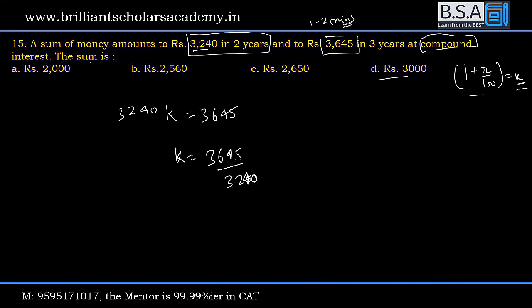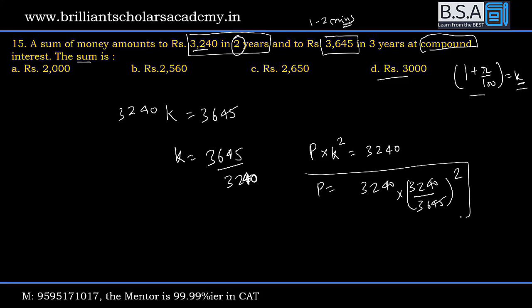Now can I say the original principal, when it reaches 2 years end, has been increased by K twice. 3240 is equal to this. So P is equal to 3240 upon K square. Upon K square basically means 3240 upon 3645 square.